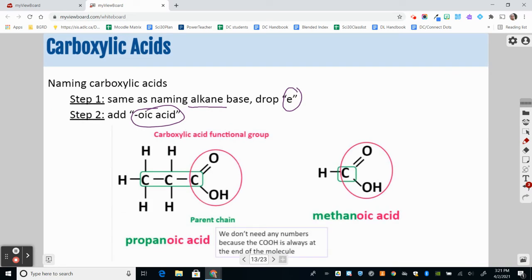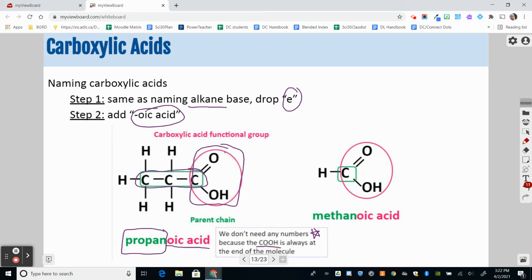Change to oic. Here is a chain of 3 carbons. 3 carbons is propane, but we know it's a carboxylic acid because of the carboxyl group. So we drop the E from propane to get propanoic acid. We don't need to add any numbers here because the COOH group is always at the end of the molecule.